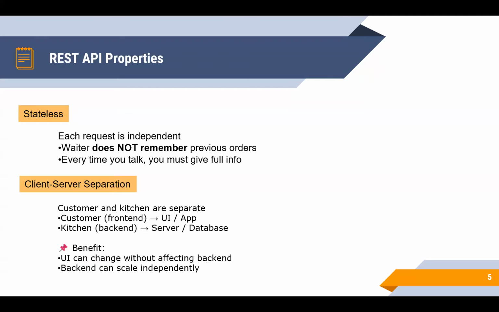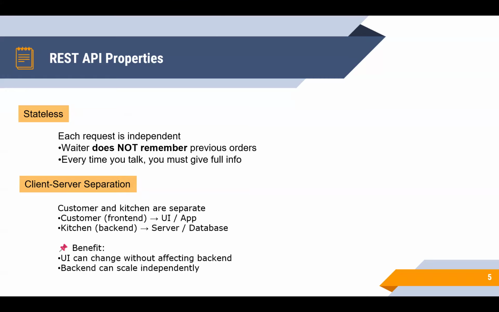Each and every REST API is isolated. There is no relation between the first API and the second API. Each and every API is independent. Because of that reason, we say REST API is stateless. Stateless means that the second API doesn't know about the state of the first API.